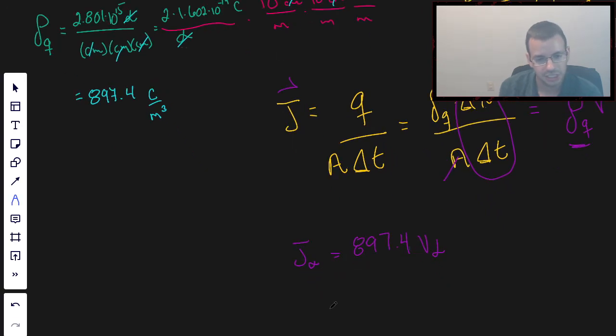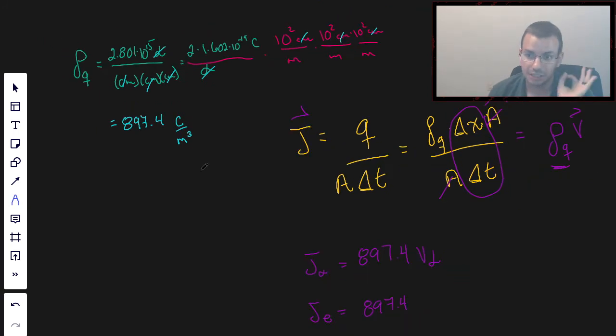The current density of the electrons, Je, is going to be the same current density, because the electrons literally come from the nucleus, which was initially neutral. So you basically have the positive and negative split off.